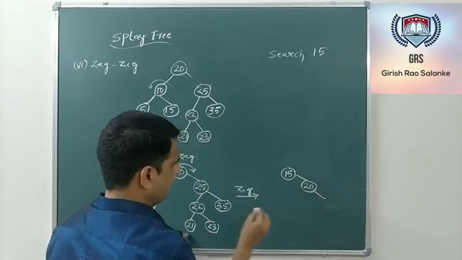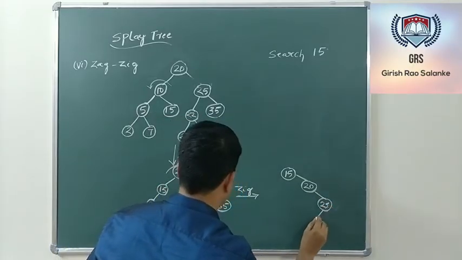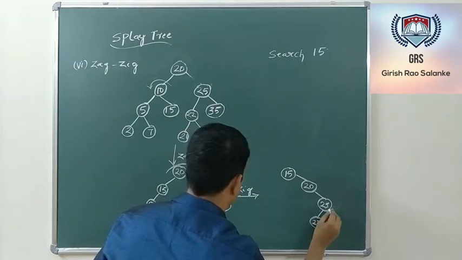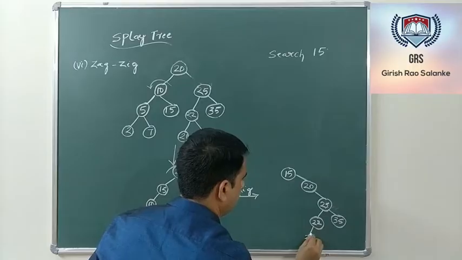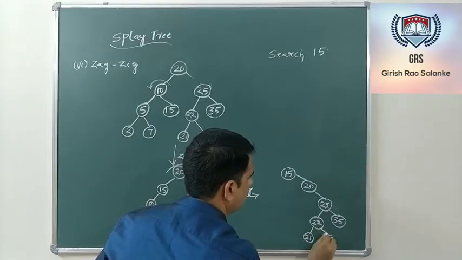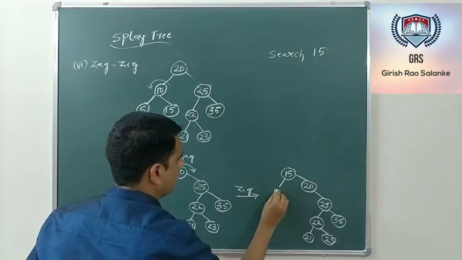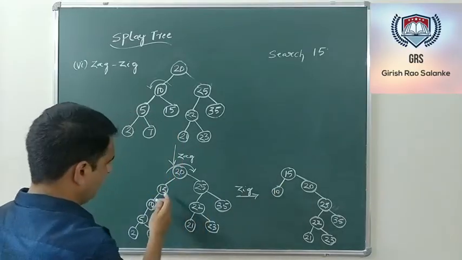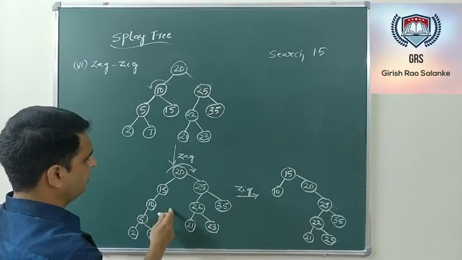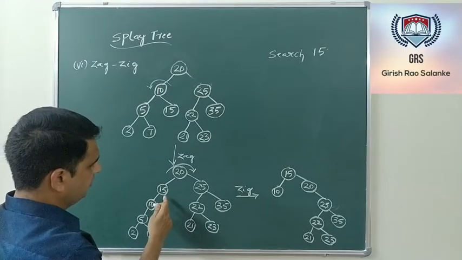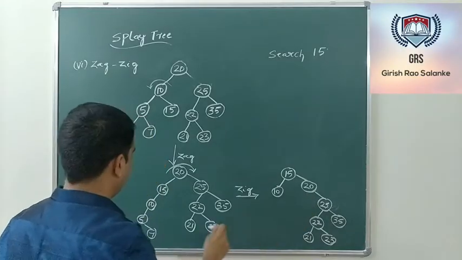This entire thing will be the right subtree of 20: 25, 22, 35, 21, 23. Now these things, 10. Luckily 25 does not have any right subtree. If there was a right subtree to 15, then it would have been the left subtree for 20.